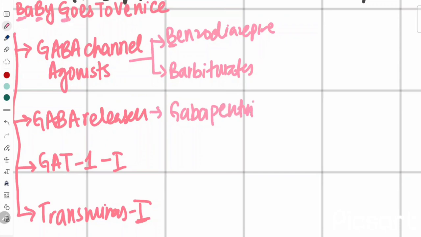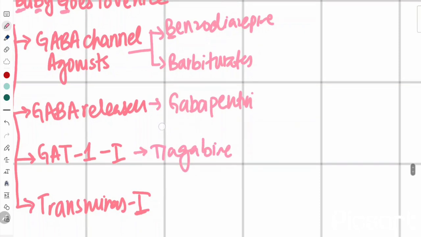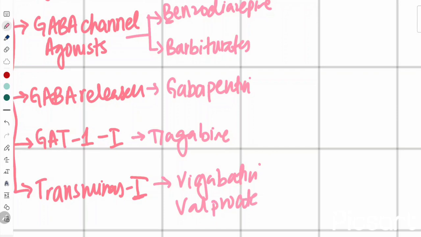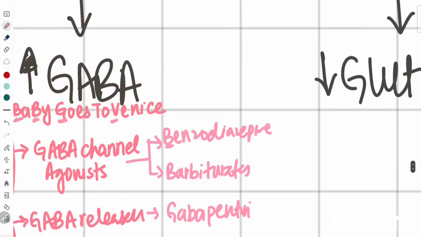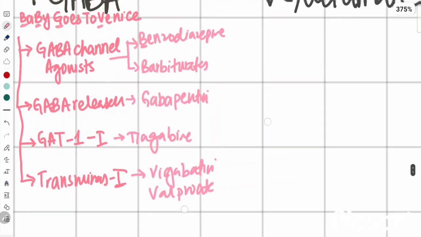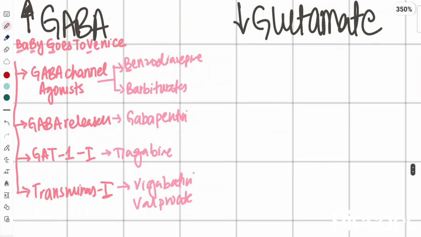This is for the G. For GAT1 inhibitors, it's tiagabine, and this is for 2. And transaminase inhibitors are vigabatrin and valproate. That is for Venus. Venus is for vigabatrin and valproate. So this makes it pretty easy to memorize all of this.